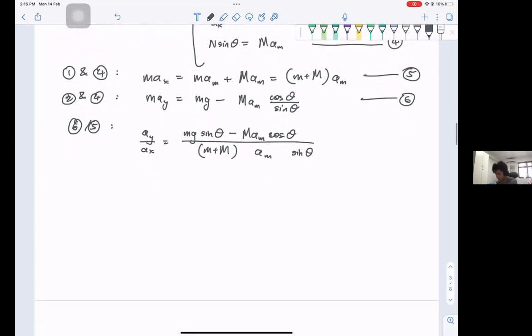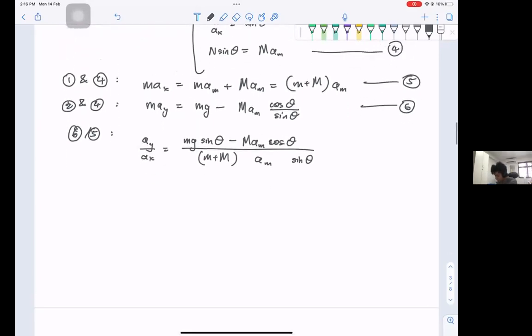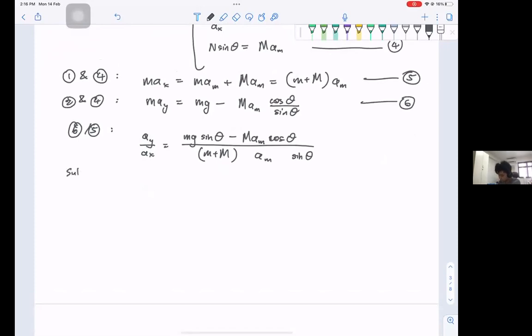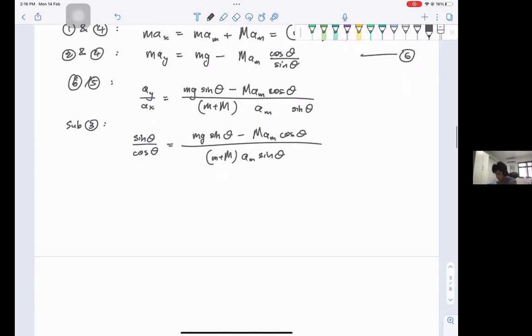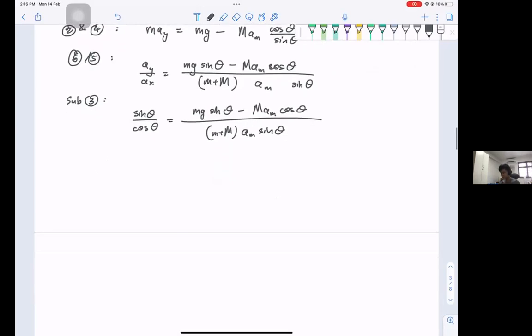And from here, we substitute 3 inside. And let's go ahead and rearrange it.